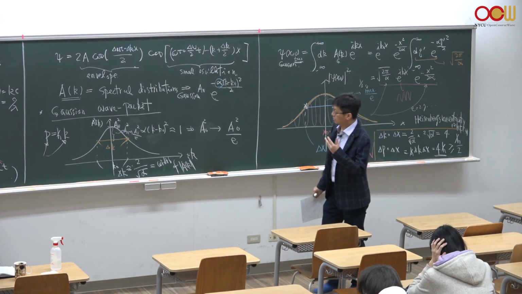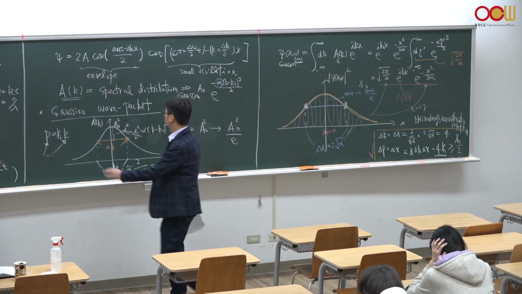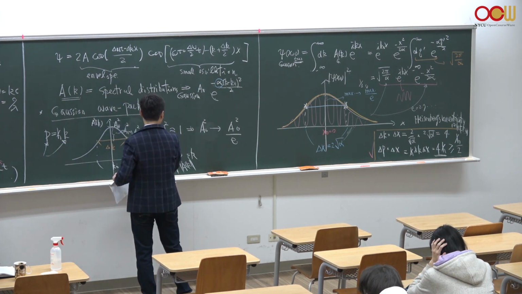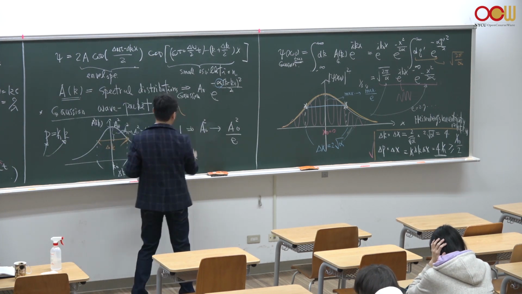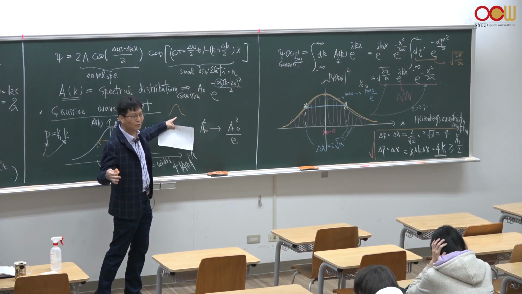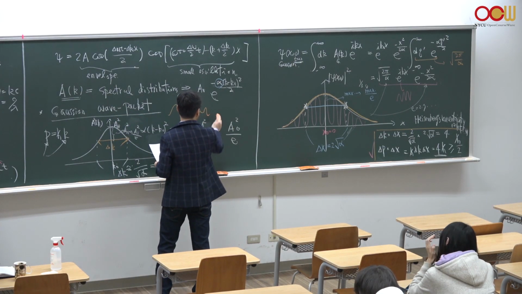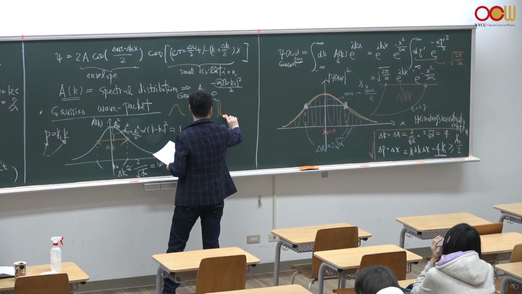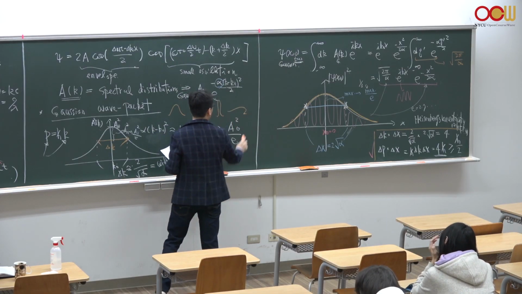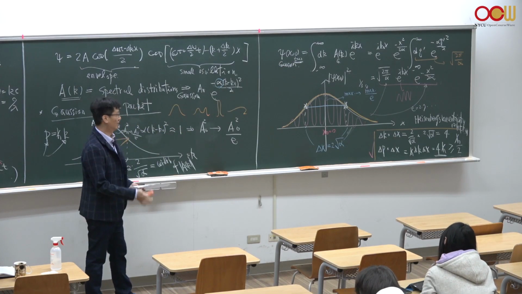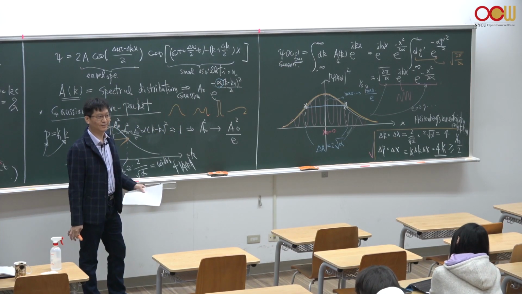So this is just a specific example of the wave packet, but you could imagine that in a realistic quantum material, this Gaussian distribution may no longer hold. You may have very strange distributions like this, or like this, or very ugly looking shapes in the spectral function of a wave packet.